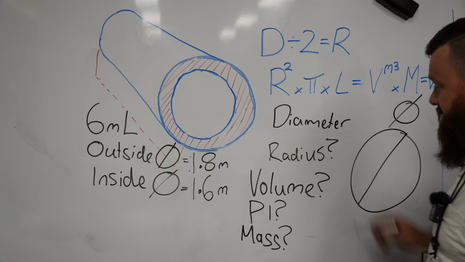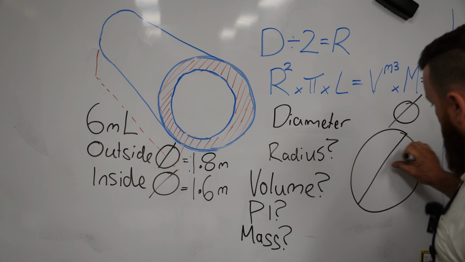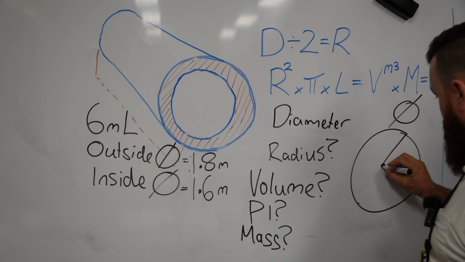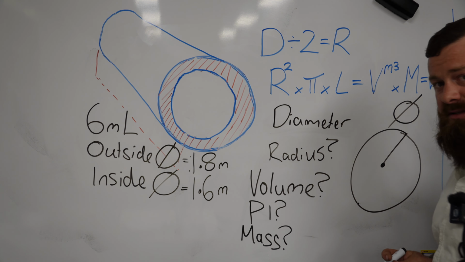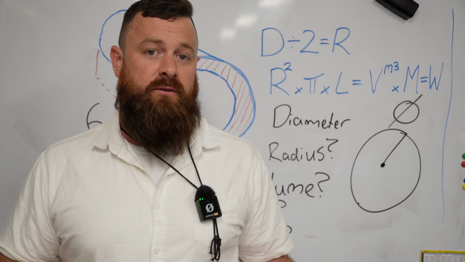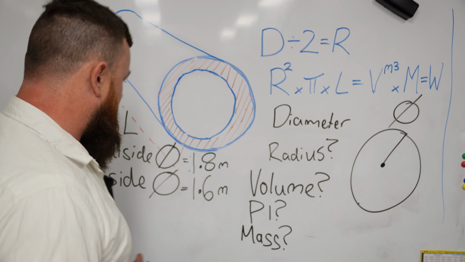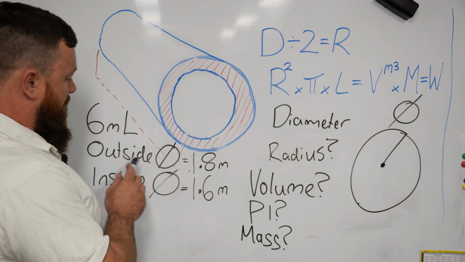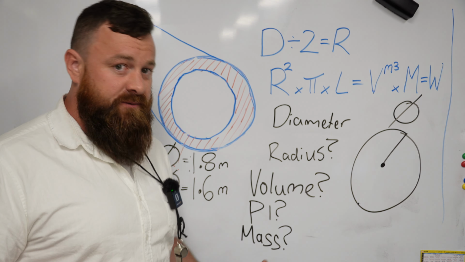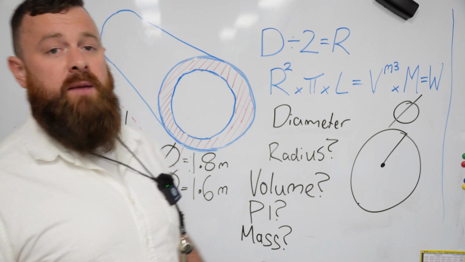Okay, so now what is a radius? A radius is the measurement from the center of a circle all the way to the outside. So it's easy to say that a radius is half of a diameter. Now, if we had a diameter of 1.8 meters, we could easily figure out our radius by dividing that by 2.